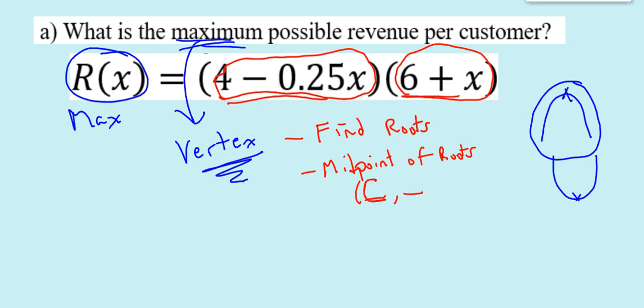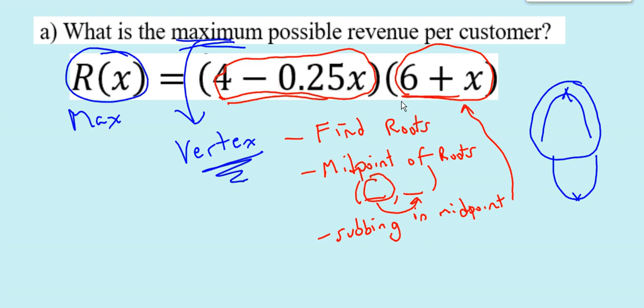We'll have the x coordinate, the part that goes here, and then we can find the rest of the vertex by subbing in that midpoint number to the original equation. Because when we sub the midpoint back in for these x values, the result will be a value for r, which is the rest of the vertex, or the value that goes here.